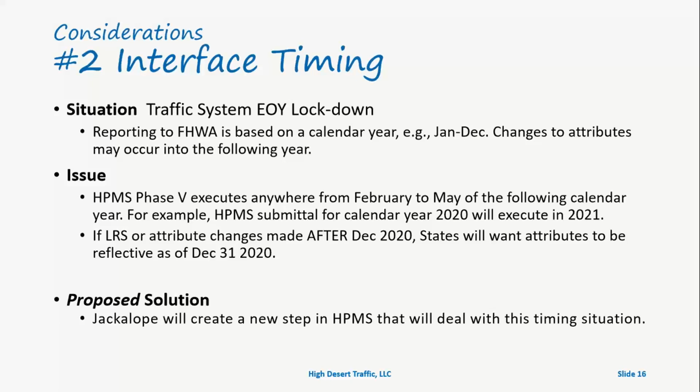Some APIs you can pass in a lat long, and so for states like myself who aren't using roads and highways, there's still a lot of value in being able to update items like route information, functional class, urban, rural on a more automated basis, because right now it's a manual one-by-one process. So just thinking in terms of larger than roads and highways, how to expand that API use.